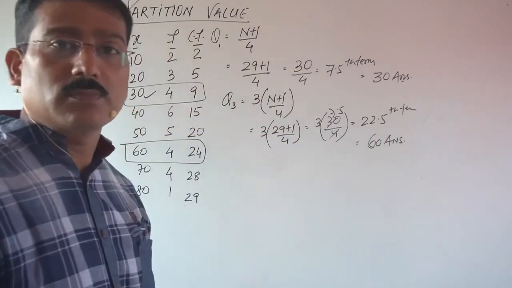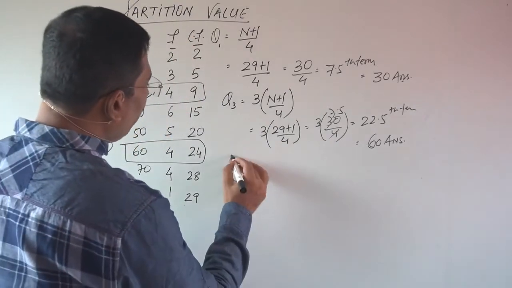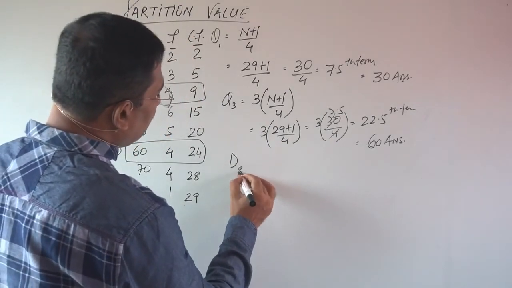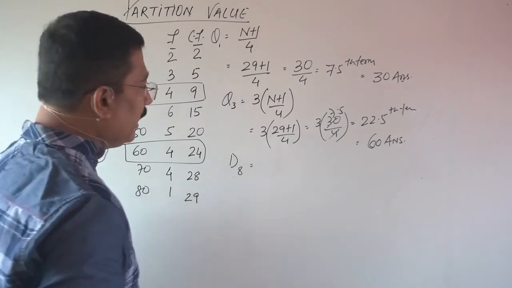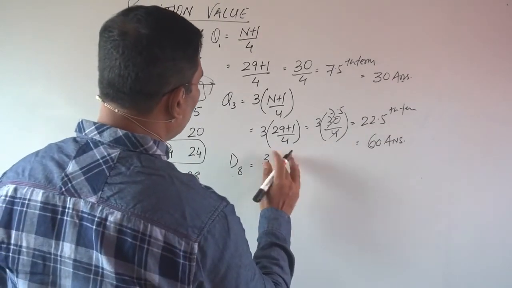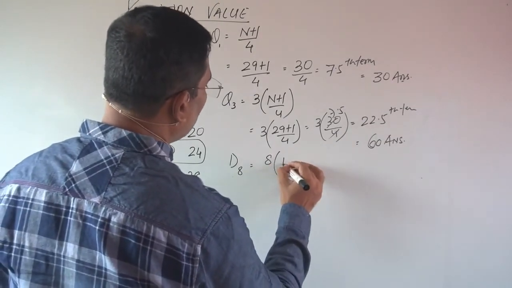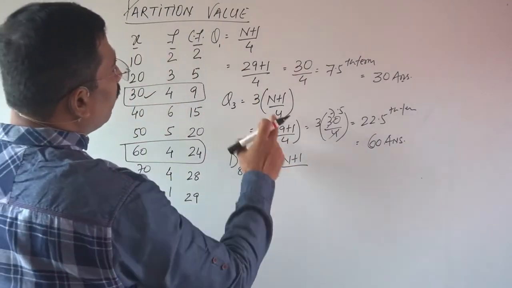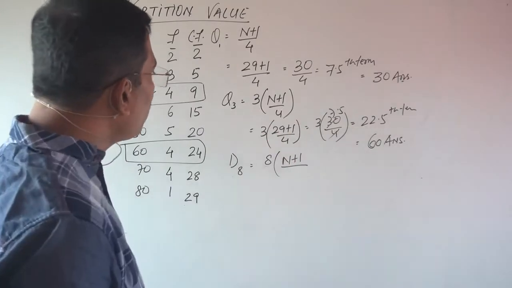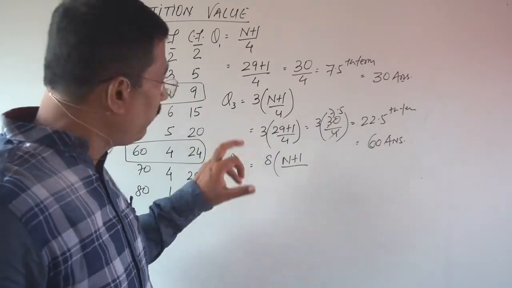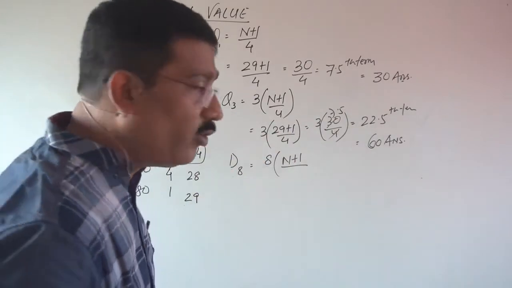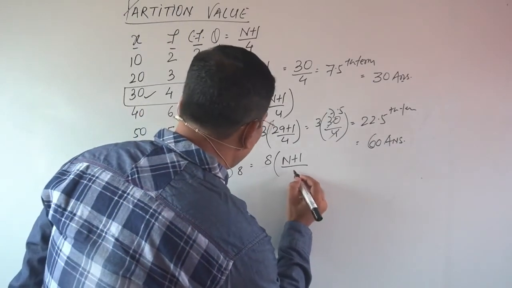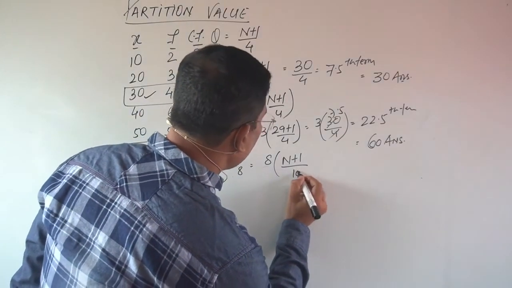No problem? Clear? If the question says calculate D8, how will you calculate D8? Here 8(n plus 1) upon what? In the quartile we put 4, because it is a quartile, and here it is a decile, so we will put 10.